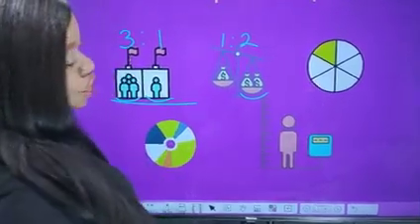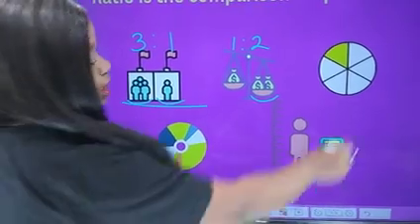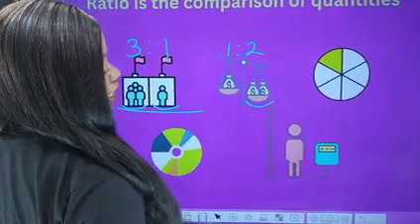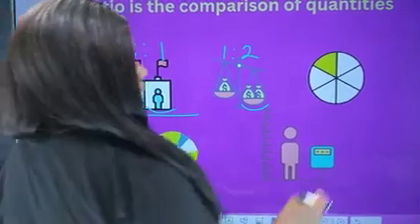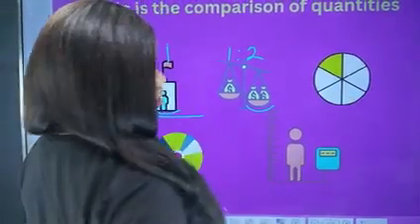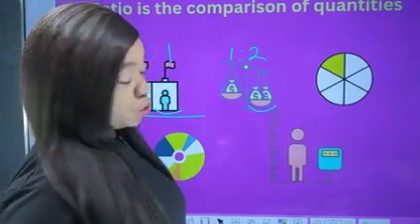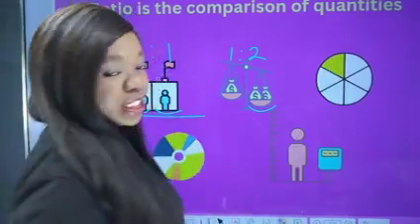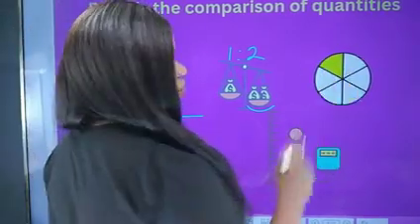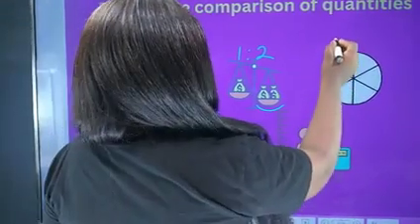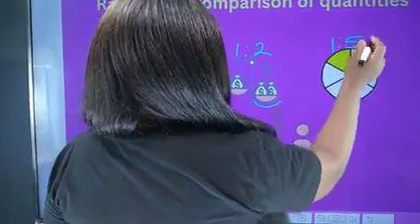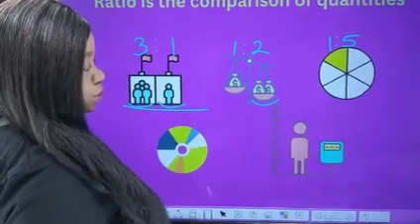Now, if you look at this shape, it is a whole divided into 6 parts. And out of the 6 parts that it is being divided into, 1 part is shaded yellow and the rest of 5 parts are shaded white, and that will be 1:5. So this is an example of ratio.